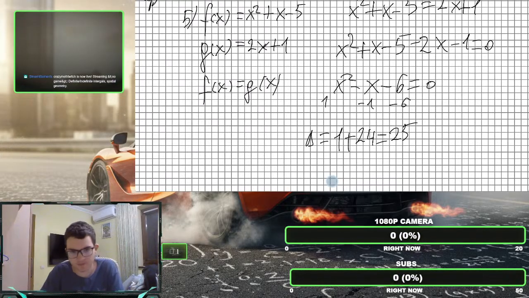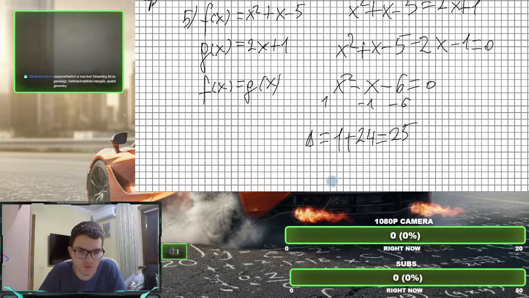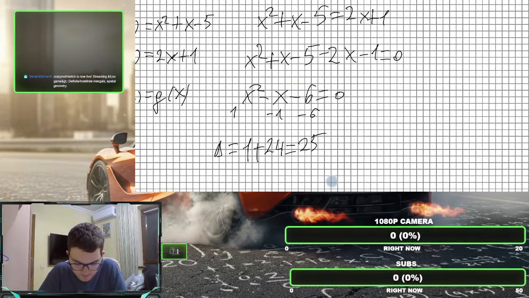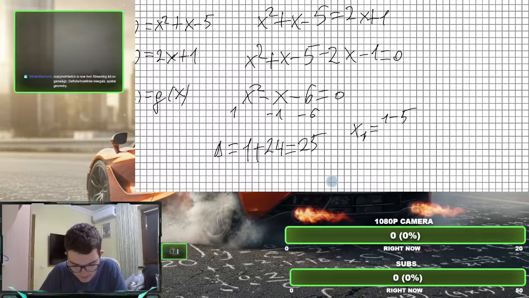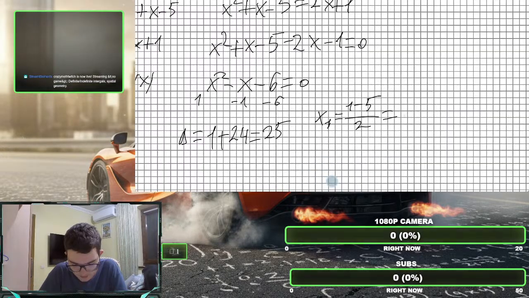Now just solve x1 and x2 for this, essentially. So x1 will be equal with minus b, which is essentially 1, minus square root of delta, which is minus 5, divided by 2. So that's minus 4 divided by 2, which is minus 2. And then x2 is 1 plus 5 divided by 2, which is 3.